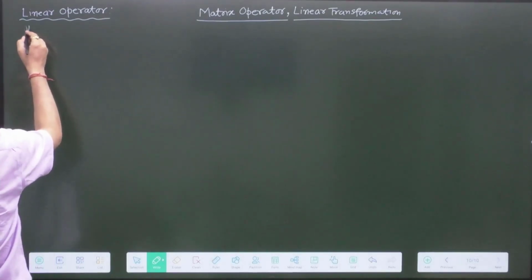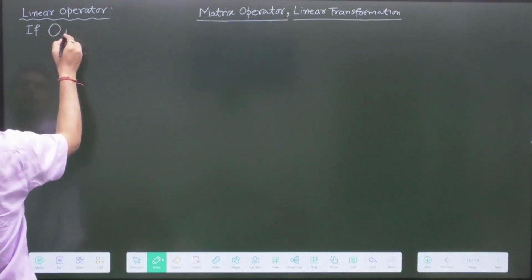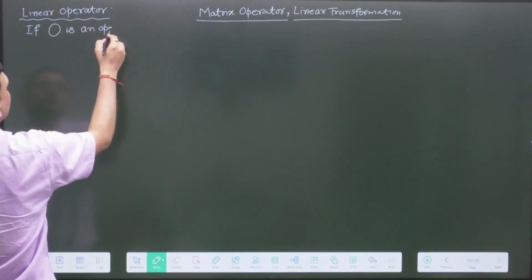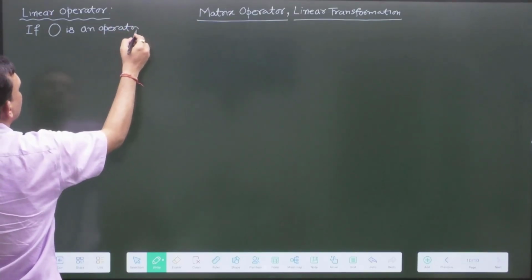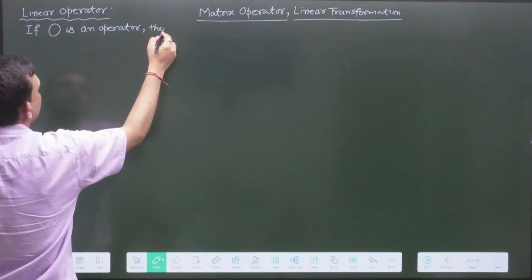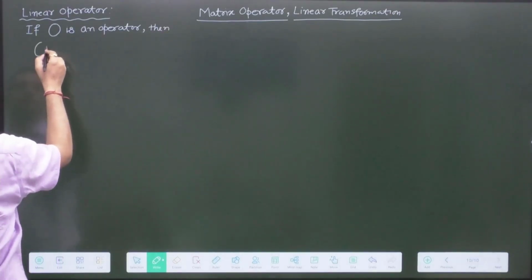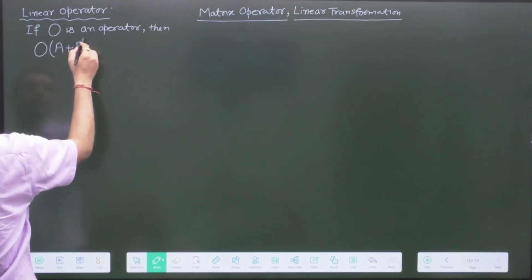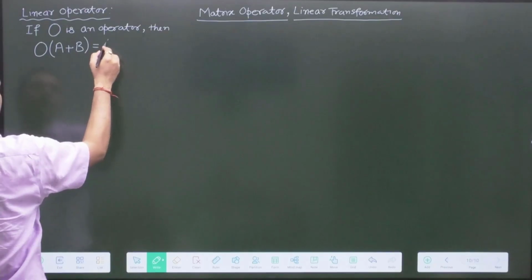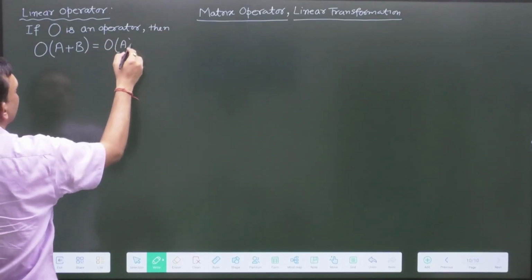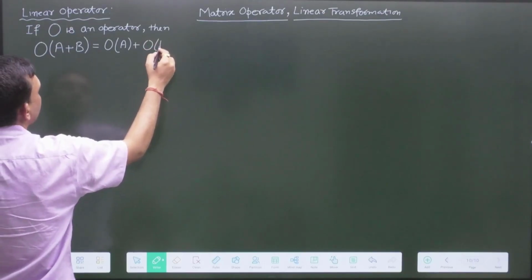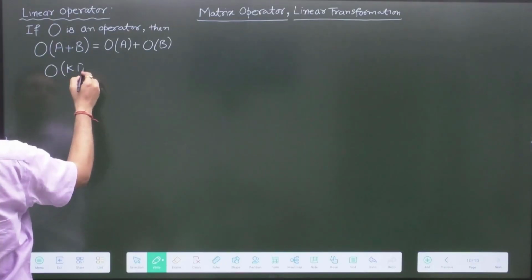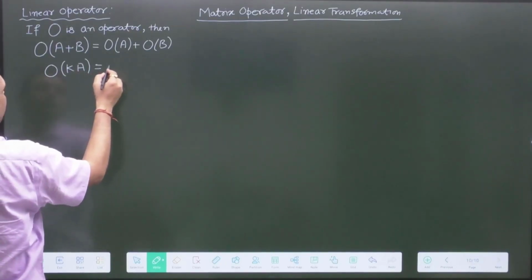What is a linear operator? So if, let's say, O is an operator, then if you operate on A plus B, that will give you OA plus OB. And if you operate on KA, that gives K times OA.